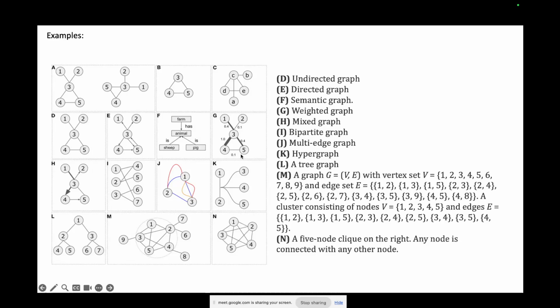So representation of these weighted graphs is important, because the weight of the edge will tell you the strength of the relationship between two nodes. So the darker or thicker the edge, the stronger the relationship compared to a slimmer edge. So these are what are known as weighted graphs.